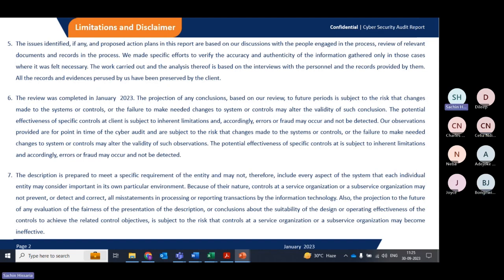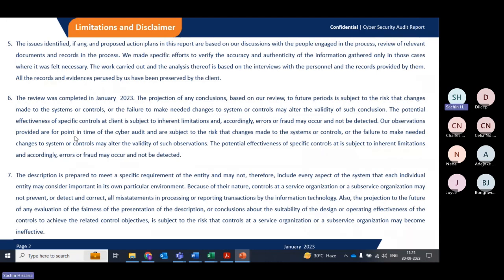Similarly, in point number 6 also, can you see that statement? Can you read the statement in point number 6 as well? In the 6, it is very well written. The potential effectiveness of specific controls at a client is subject to inherent limitations, and accordingly, error or fraud may occur and not be detected.